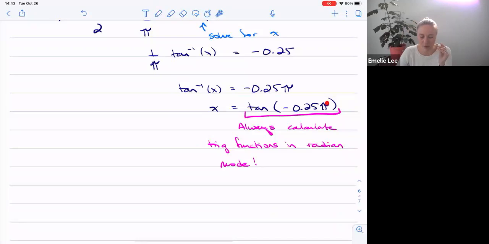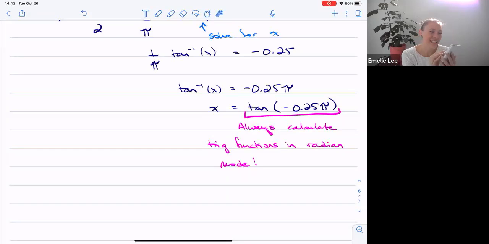But as soon as you see a pi, you know you have to be in radians. On mine and most calculators that I've ever seen, they have a little reminder up here. There's a DRG. You're not the only one, so don't worry.